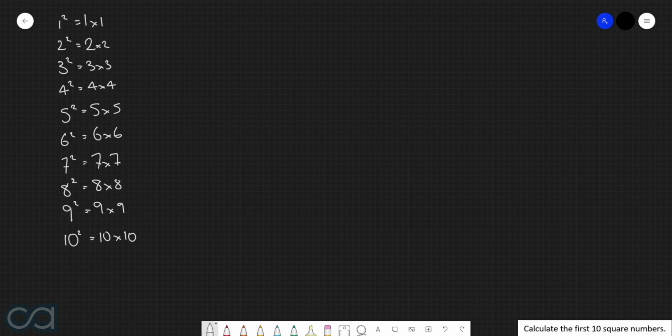And all these simplify to 1, 4, 9, 16, 25, 36, 49, 64, 81, and 100. So our first 10 square numbers are 1, 4, 9, 16, 25, 36, 49, 64, 81, and 100.